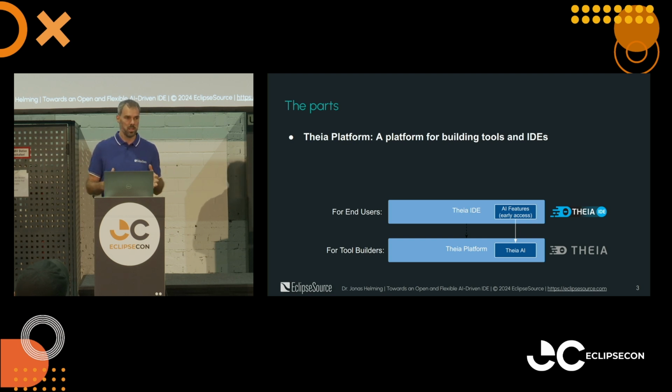That's a technology or a framework that allows you to build custom tools and IDEs. If you want to build a tool for engineering, for software development, for finance, or whatever, you can use this technology to ease your life. It's the next generation platform at Eclipse. It's web-based, it's very modern. So if you have an existing Eclipse-based tool and you want to migrate something, that's a good option.